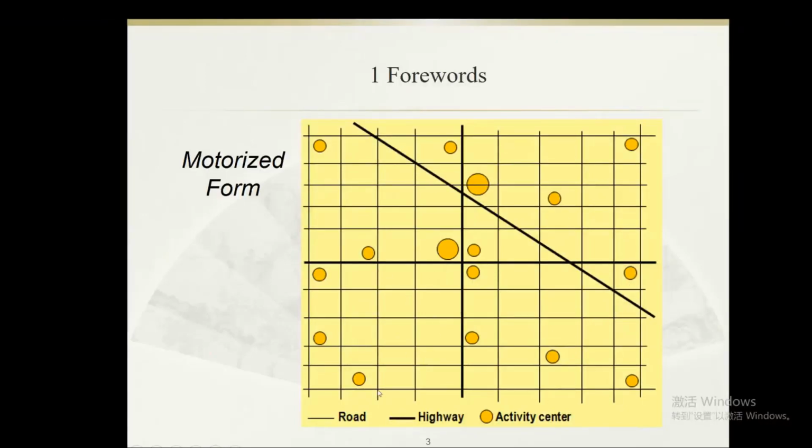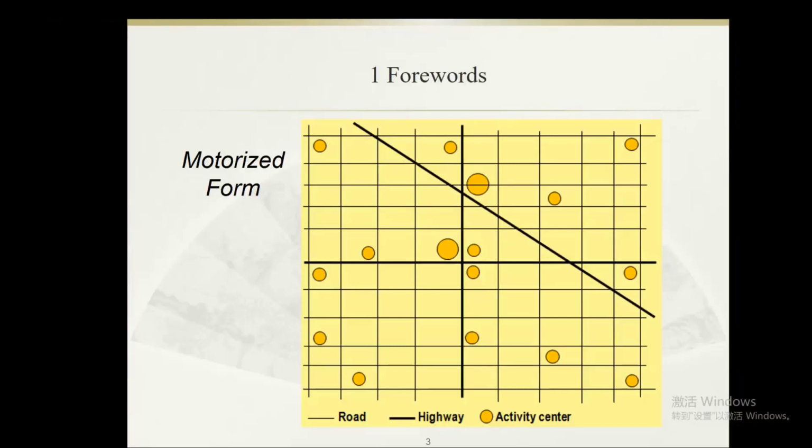The black thin lines represent the common roads or streets. The black thick lines you see here, this one and this one, represent the highway. Highway means the roads connecting different cities, including the freeway and the expressway.